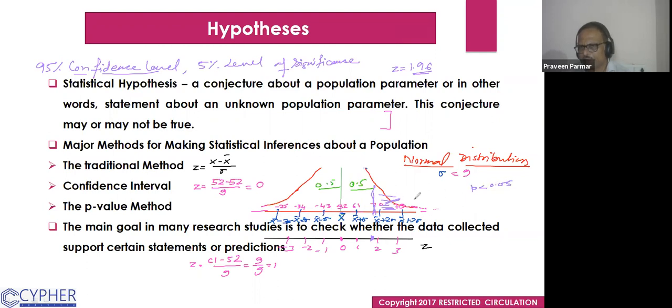If the p-value is greater than 0.05, it will lie on this side. So it is our acceptance region of your statement, or this is our rejection region of the hypothesis.